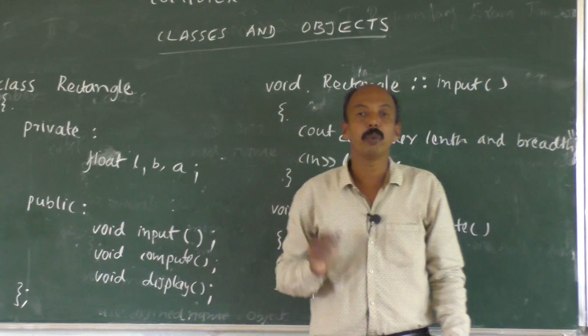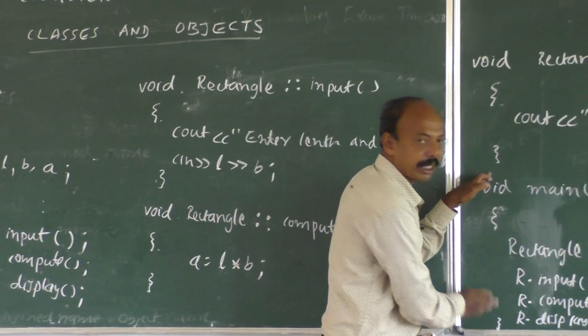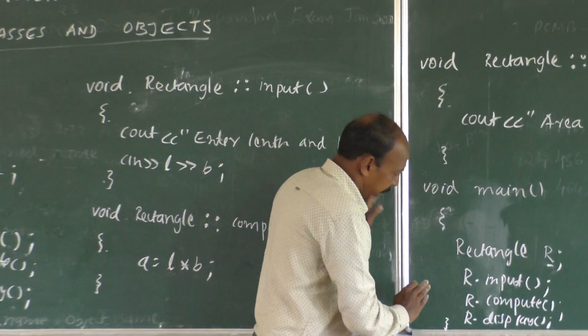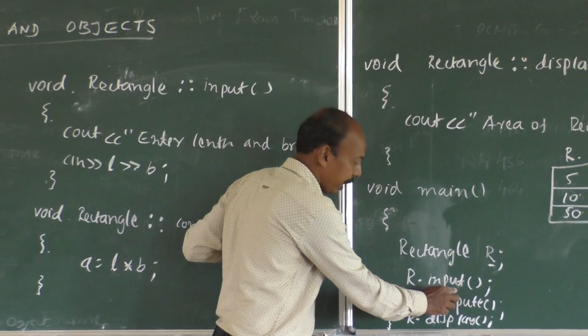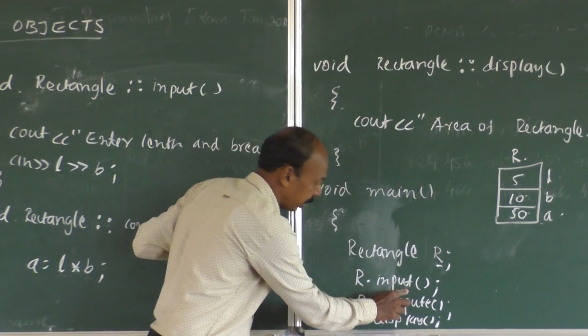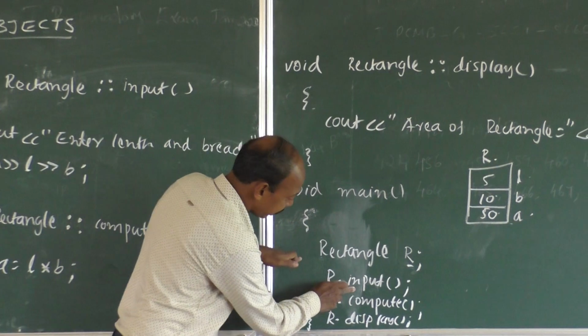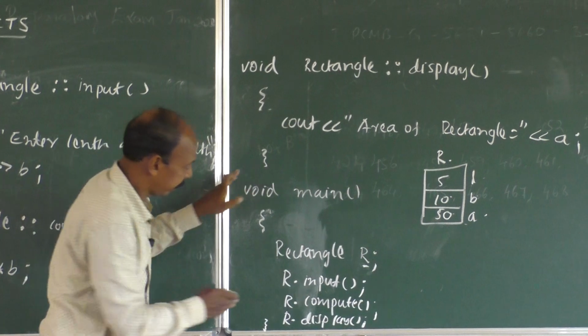But when we talk about the void main, here this is outside the class. Now the question is, we have called this function input, but this function is called outside the class. Hope you are following it.